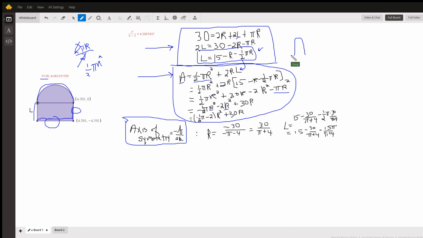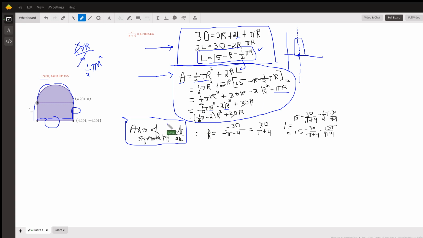And that downward opening parabola, this is the x and y axis, will have its maximum value where x, or in this case r, is equal to the x coordinate of the axis of symmetry.